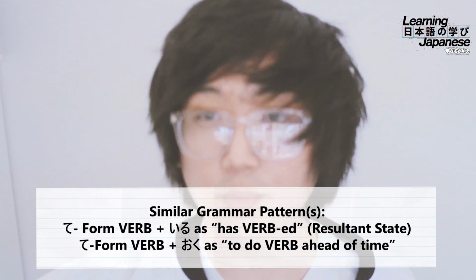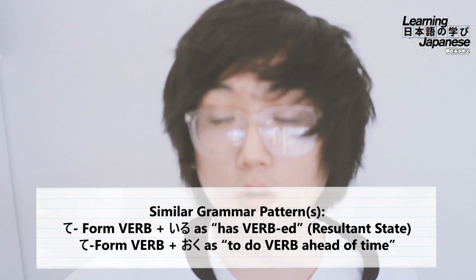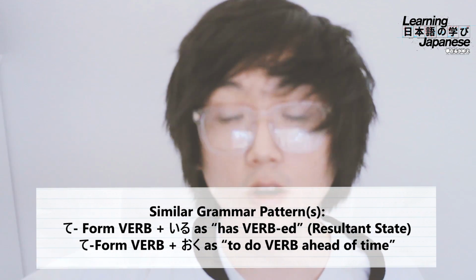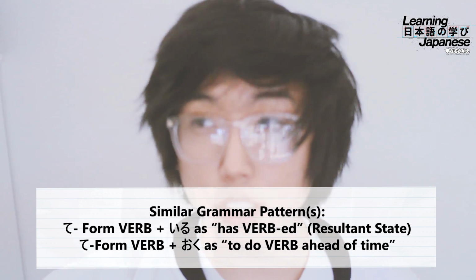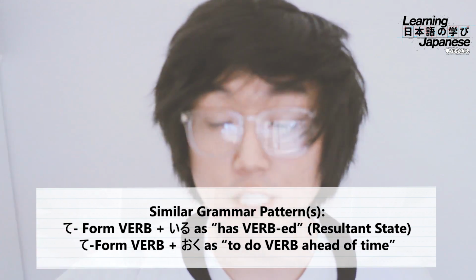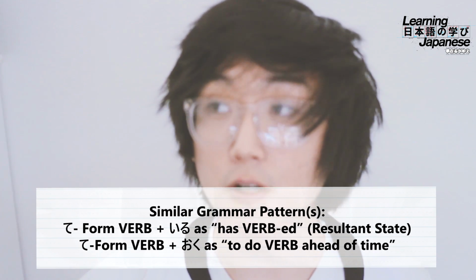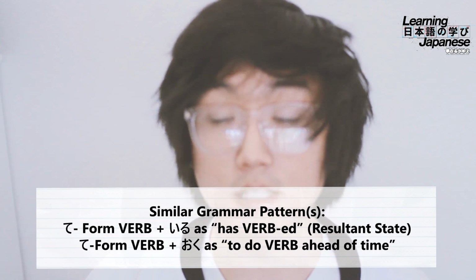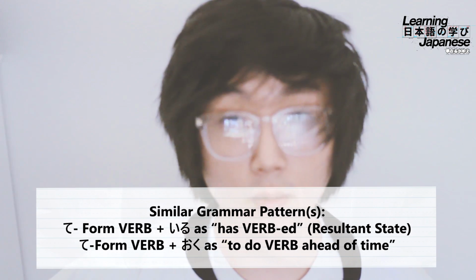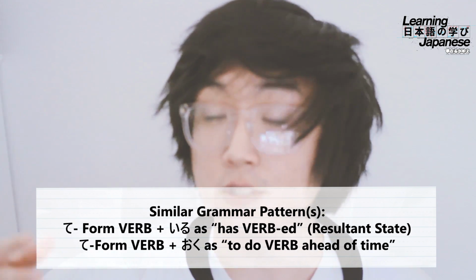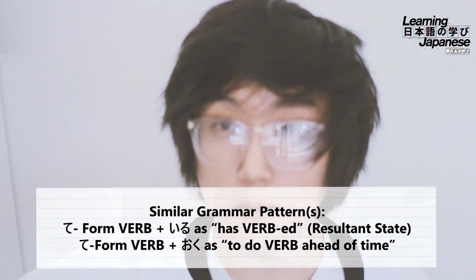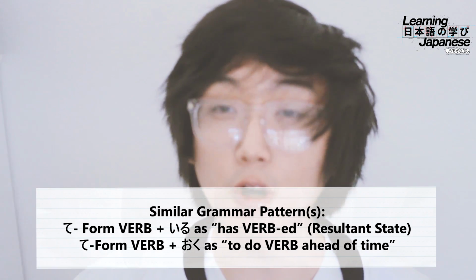So if we did the preparations for the party with te-oku, junbi shite-oku, this would be like I prepared for the party because doing so is going to help me in the future, as opposed to right now where the grammar pattern of this video is making it relevant to now. Because I finished it already, you can come over early now. But if we use te-oku, it would be like it's going to help me do something in the future, like, oh, I don't have time tomorrow, so I did it now and it will help me tomorrow. But yeah, we'll go more in depth with the video that explains the difference among the three.